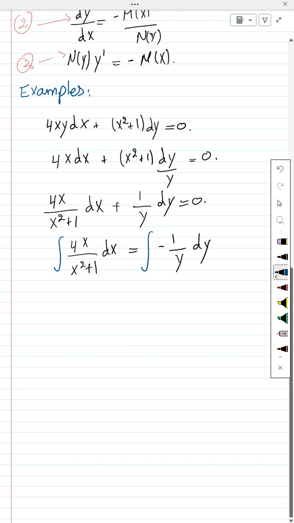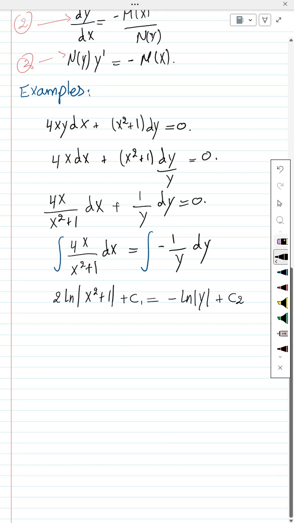By integrating, we will get our solution. We have 4x over (x squared plus 1), which integrates to 2 ln of the absolute value of x squared plus 1. It's not necessary to put the absolute value since the quantity is always positive. Plus c1 is equal to minus ln the absolute value of y plus c2.